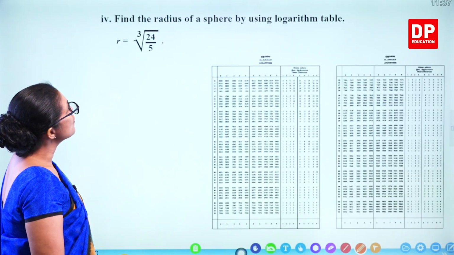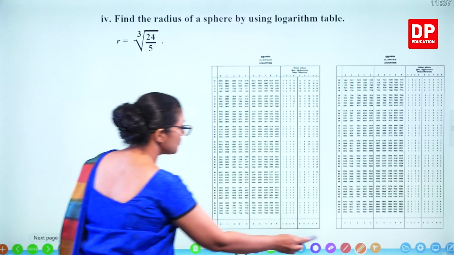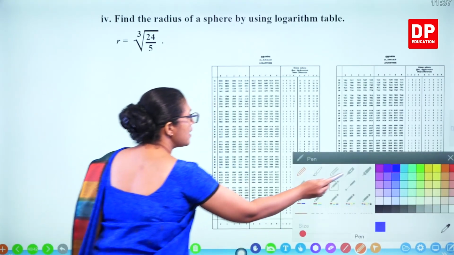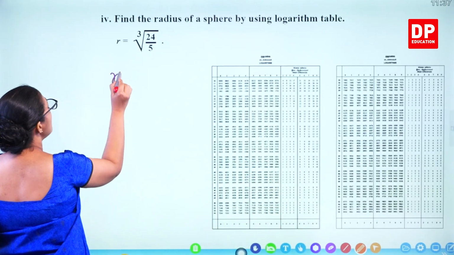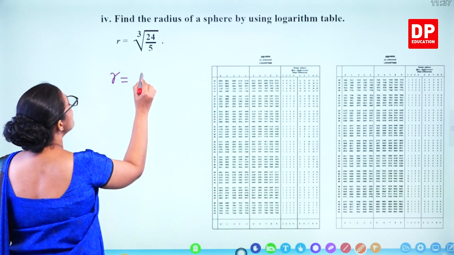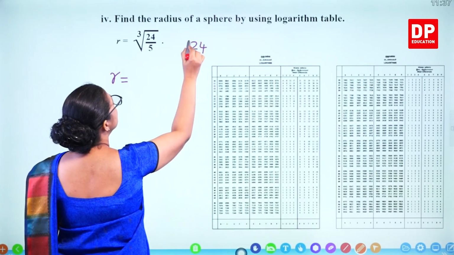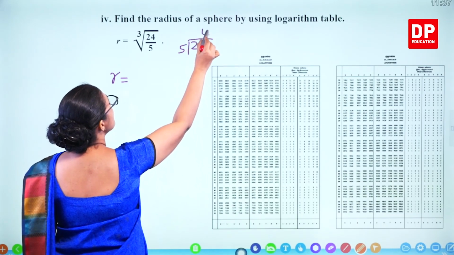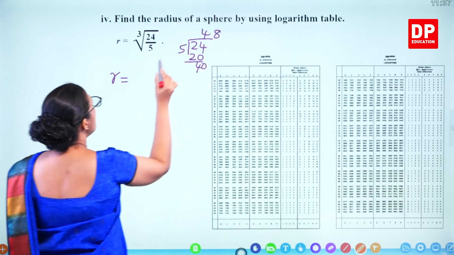Find the radius of a sphere by using logarithmic table. So here we can use R as cube root. So what is 24 divided by 5? 5 times 4, 20. For 40, that's 8. 4.8.